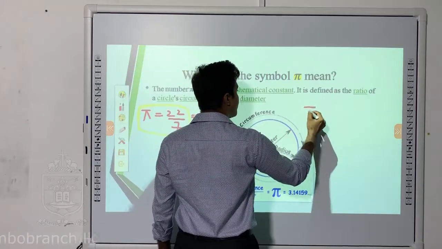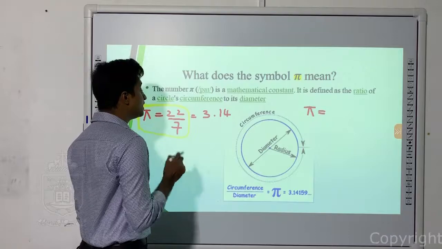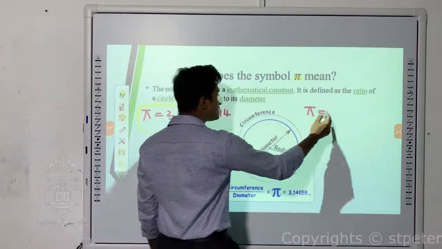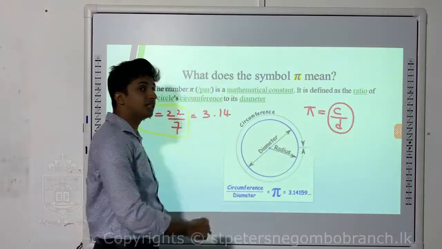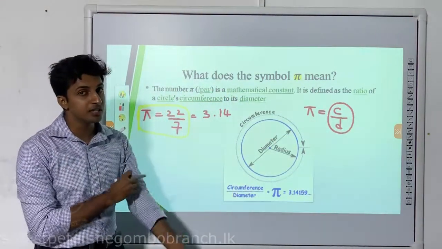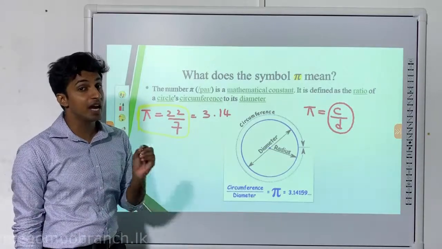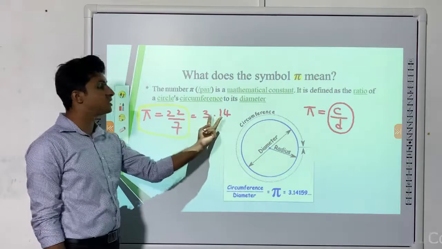The value pi can be taken as the ratio of a circle's circumference over diameter. When you divide the circumference by the diameter of any circle, you will always receive this answer.